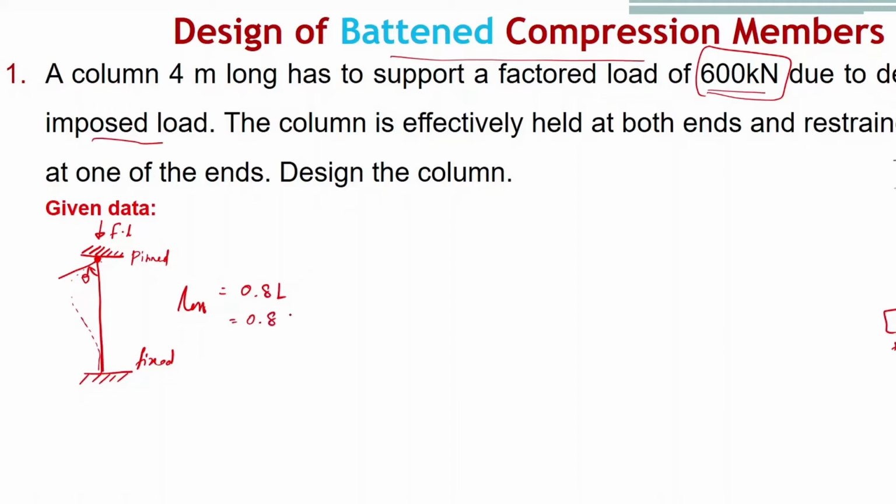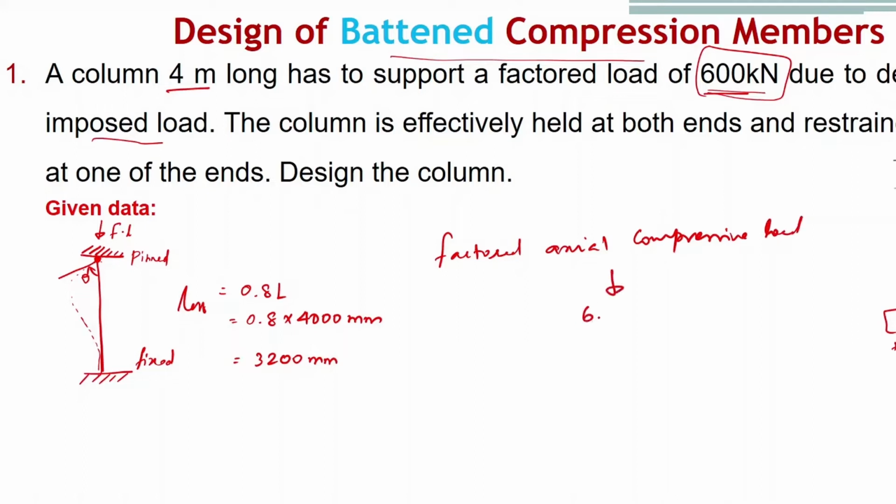So total length is 4000 mm. So effective length is 3200 mm. What else is given? Apart from the end condition and the total length, we have the factored load, factored axial compressive load, which is 600 kilonewton.